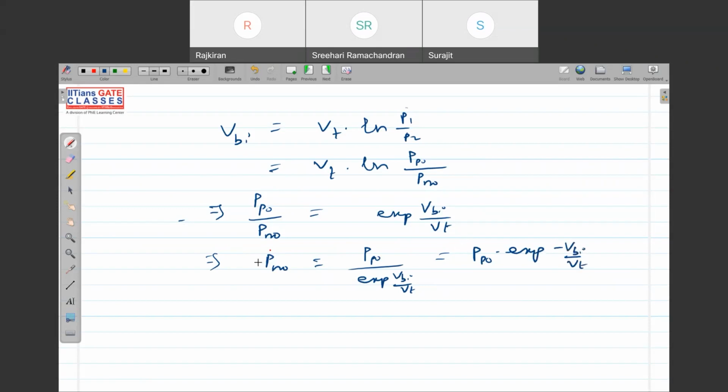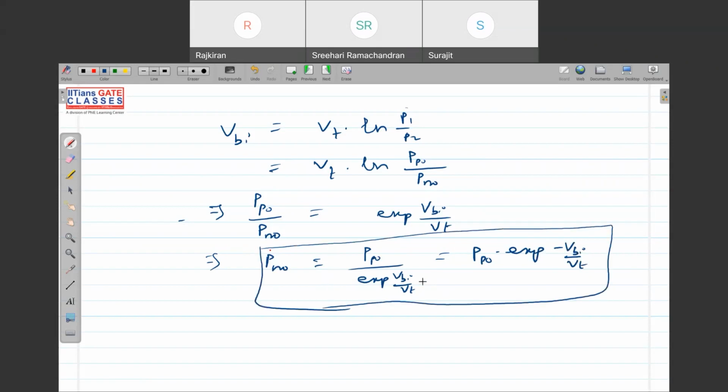This is the condition. With this equation, we will try to get the Pn0.